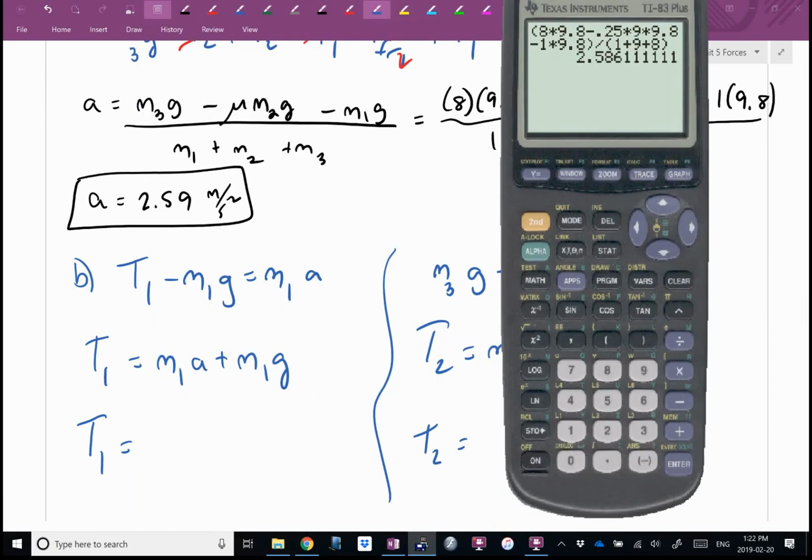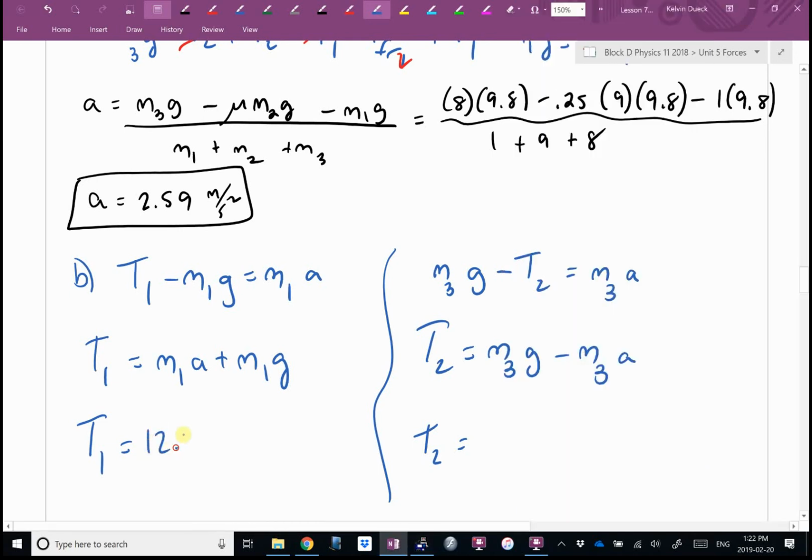M1 was 1, right? 1 times answer button plus 1 times 9.8. For tension 1, do you get 12.4? Or am I wrong? It was 1, wasn't it? Good.